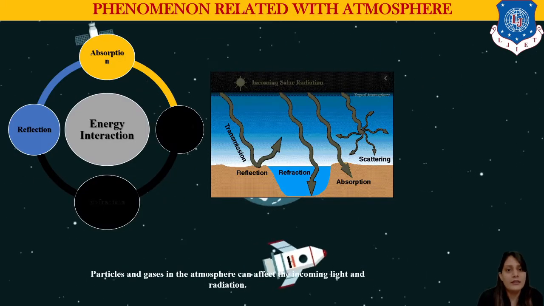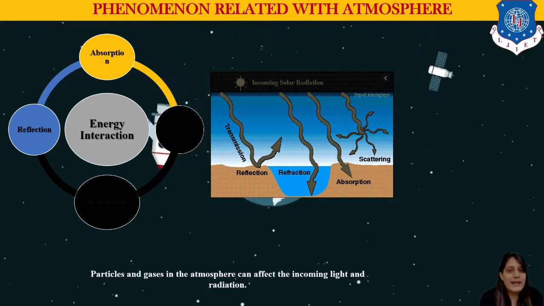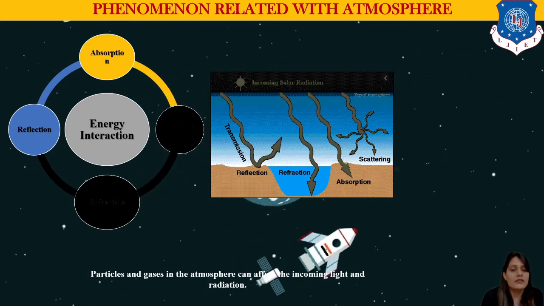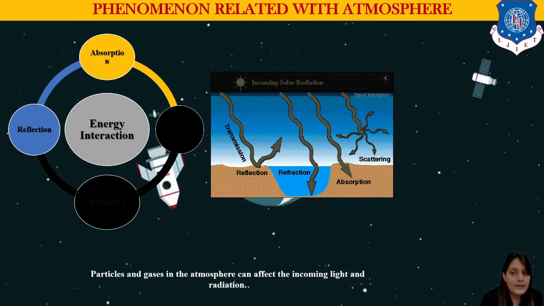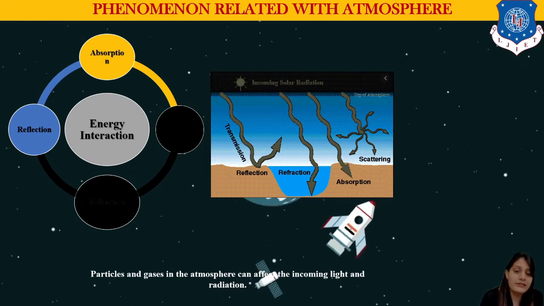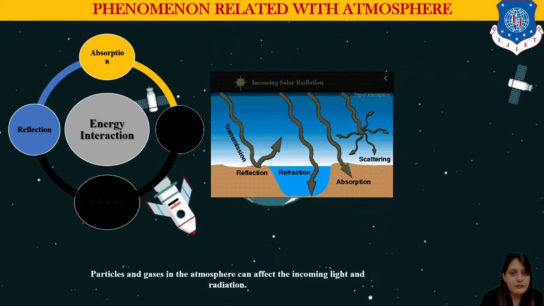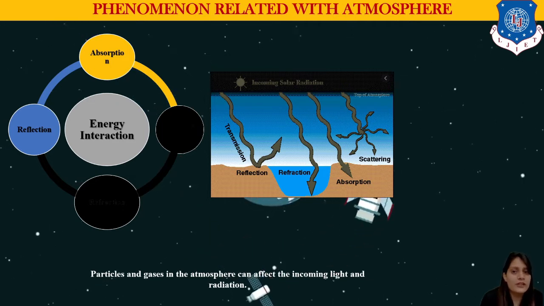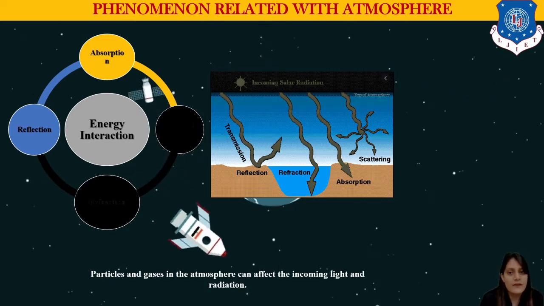Phenomena related to the atmosphere. Let's discuss this in detail. Energy interaction with the atmosphere: the very first things that happen are absorption, scattering, reflection, and refraction. We are going to study all these in detail. You are aware of the terms reflection, refraction, and absorption from the physics you studied in school.